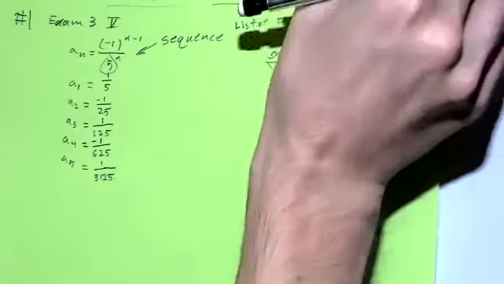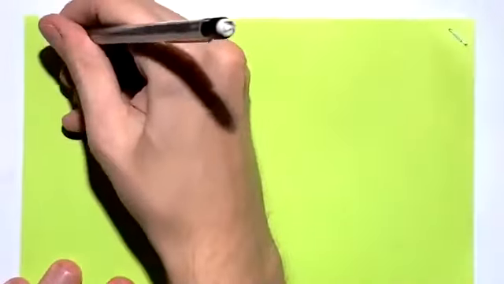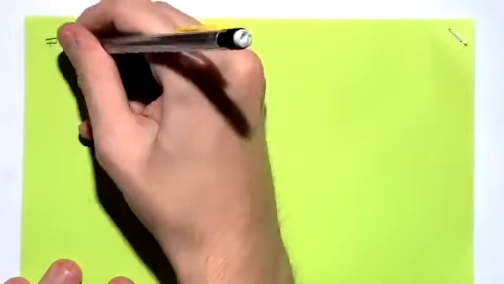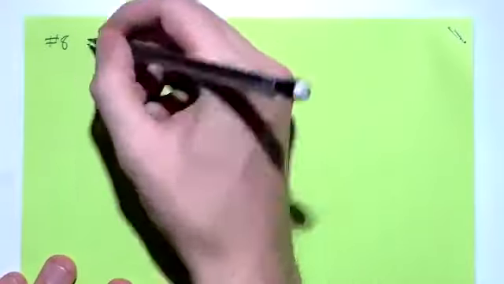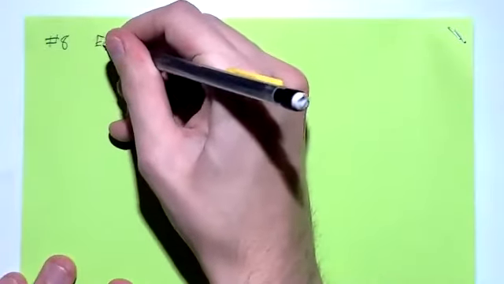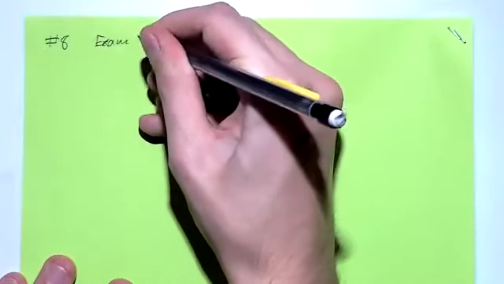Gonna get a new sheet for this. All right, so this will be number 8. Oh, I'm gonna have to rush this. All right, so number 8, because we are nearing time. So this is exam 3, 5.